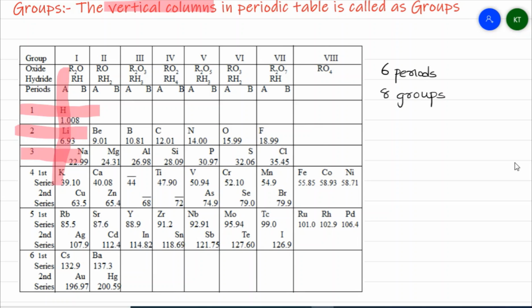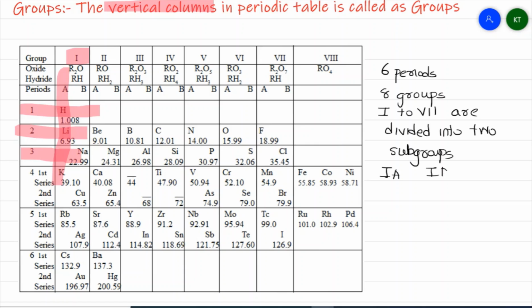Now if you clearly see the groups, they have been divided into subgroups, which have been given Roman numbers. Groups 1 to 7 are divided into 2 subgroups each, that is subgroup 1A, subgroup 1B, subgroup 2A, subgroup 2B, and so on respectively.